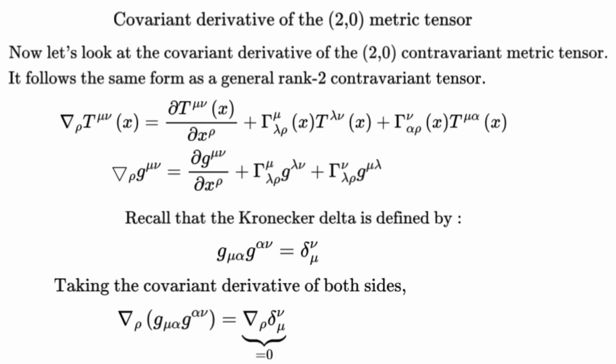Covariant derivative of the (2, 0) metric tensor. Now let's look at the covariant derivative of the (2, 0) contravariant metric tensor. It follows the same form as a general rank 2 contravariant tensor.